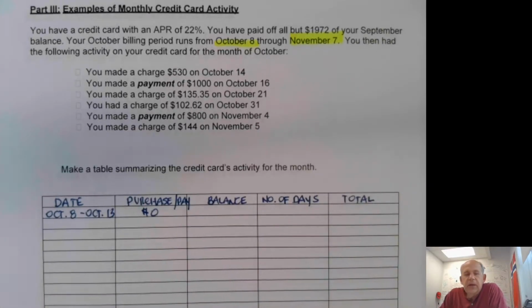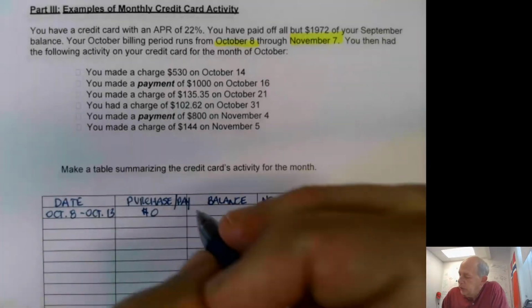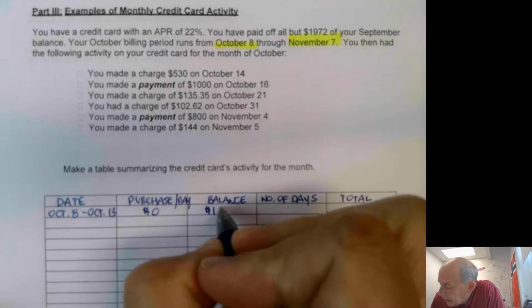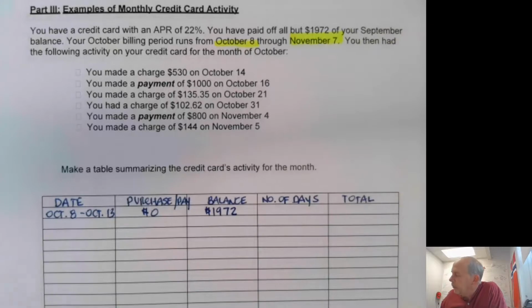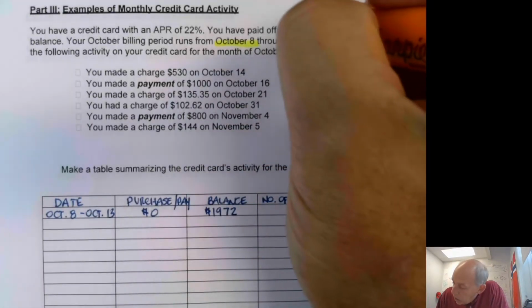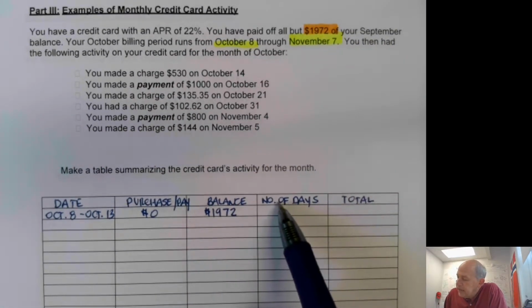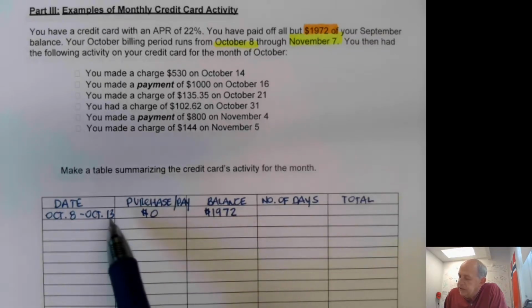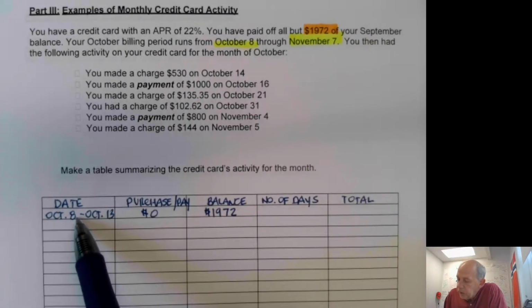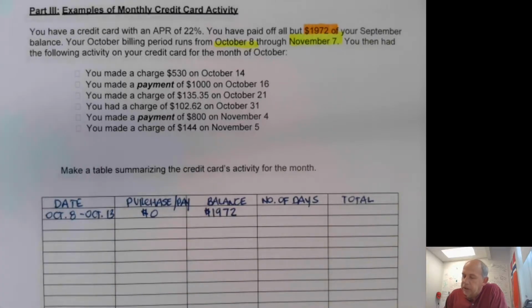The balance that we owe on our credit card, how much do we owe, is $1,972. And you're probably thinking, where did that come from? Well, that was from September, when we did not pay off any of our credit card bills, and we carried that debt over. Now, the number of days that we owe $1,972 goes from October 8th through October 13th, every day included.